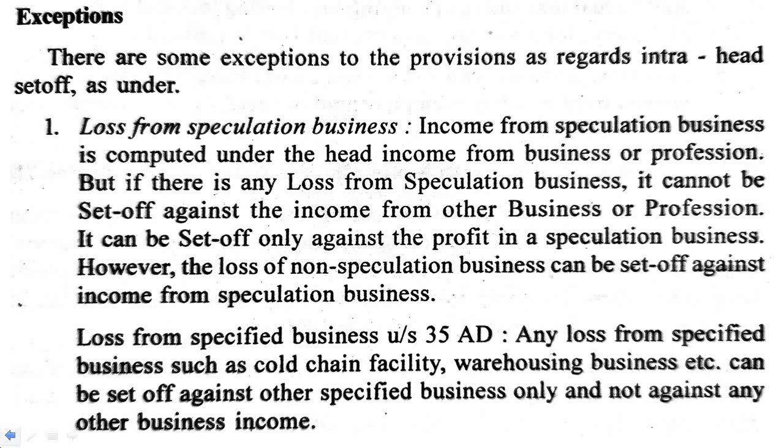Loss from specified business under section 35AD. Any loss from specified business such as cold chain facilities, warehousing business, etc. can be set off against other specified business only and not against any other business income.